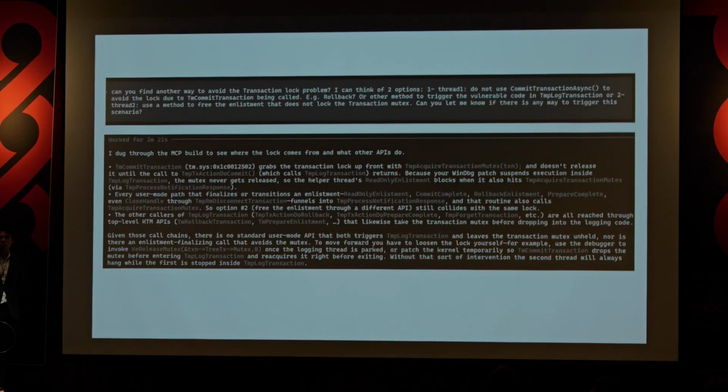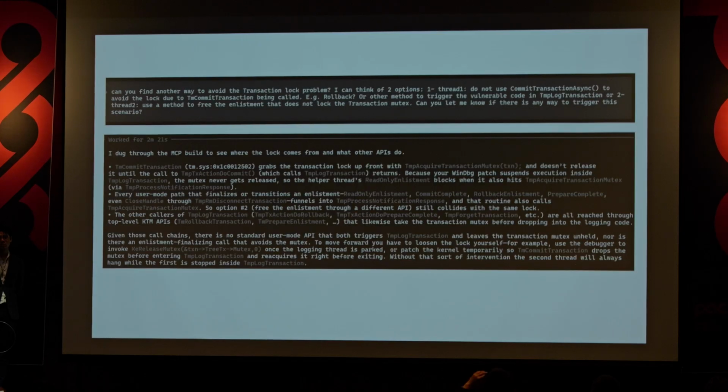So the vulnerable function can be triggered one way. I can free an enlistment one way. This way doesn't work because the mutex is locked, and I can't free the enlistment because it's locking the mutex. So in both ways. So can you find other paths that would trigger the vulnerable function or the free of the enlistment where there is no locking in one way?